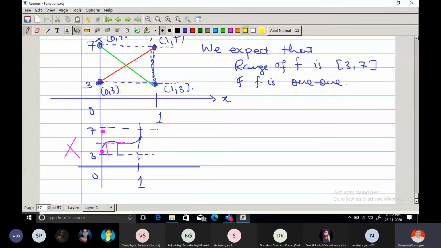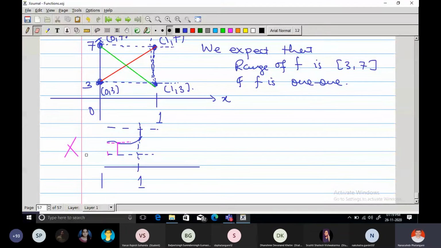Yes. In the codomain. Yes, sir. 0, 7. No. The yellow dot is just below 7. Or let me draw a bigger figure so that you can see it clearly.